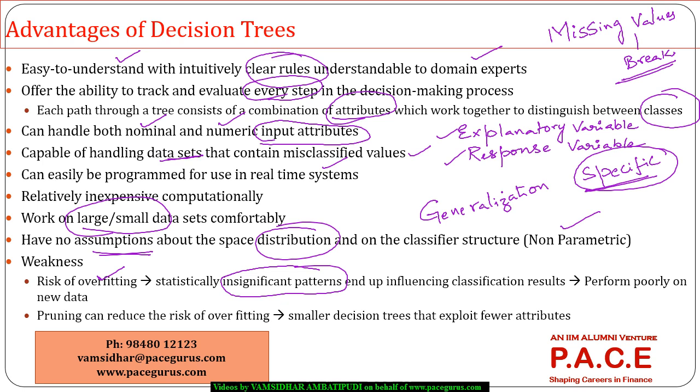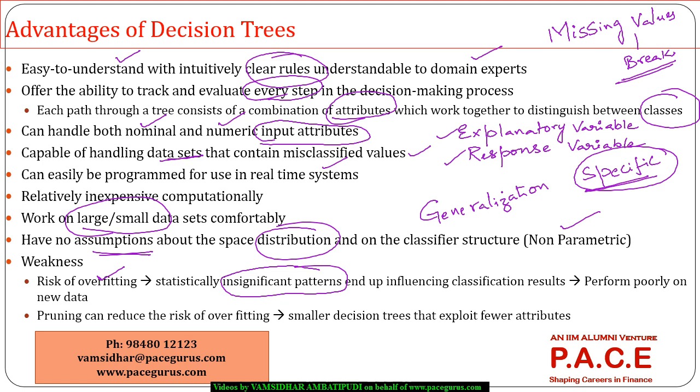But let's say there was one person who defaulted. Now the model will try to read the specifics of that particular person, and whenever a similar person comes up in the future, it will give a result that he will default. Whereas in reality, in 99% of the cases, such people may not default at all.